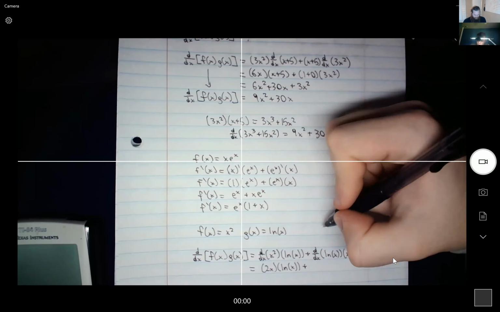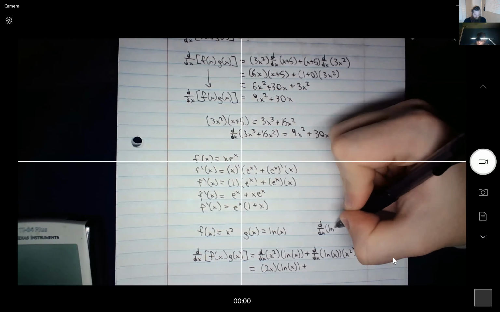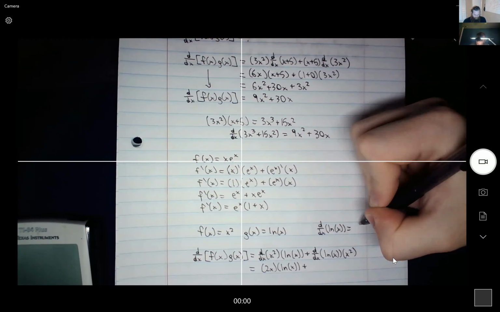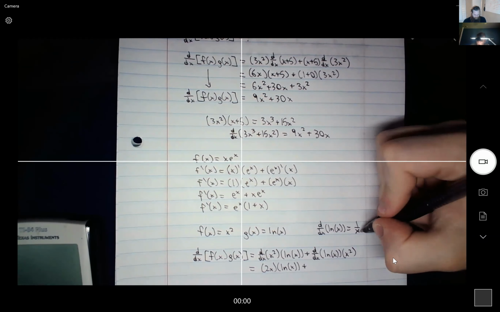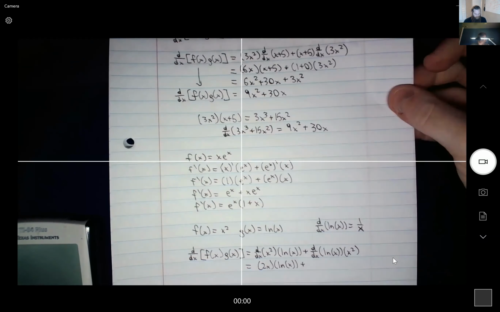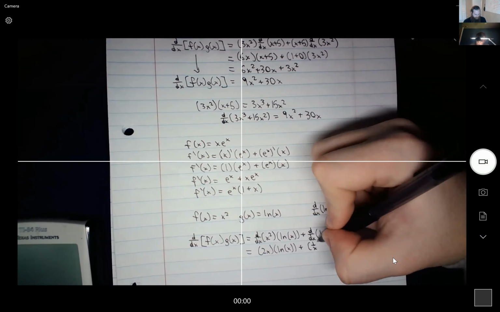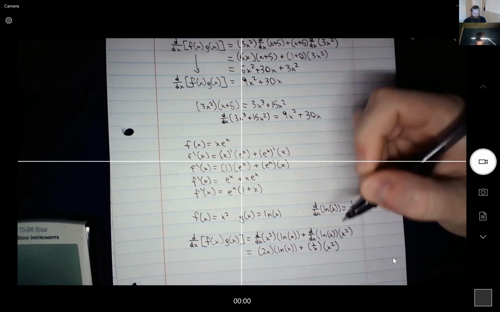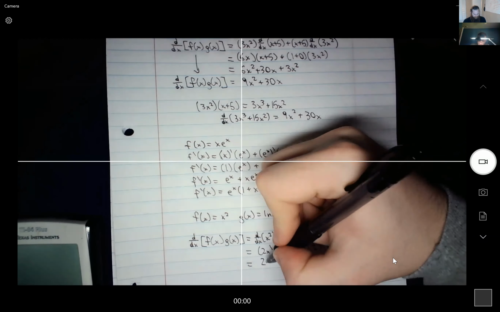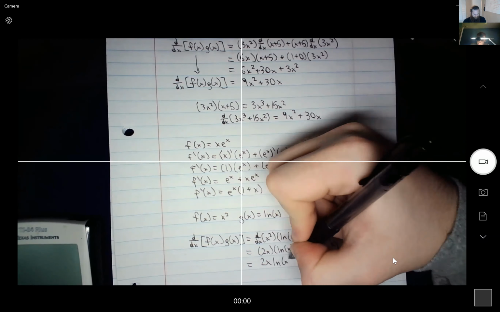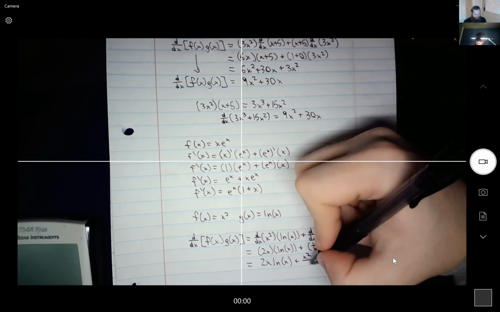The derivative of ln x equals 1 over x. So we're going to use that in the future, but that's just what that equals. So the derivative of ln x is 1 over x times x squared. 2x times ln of x is 2x ln of x, plus you get x squared over x.